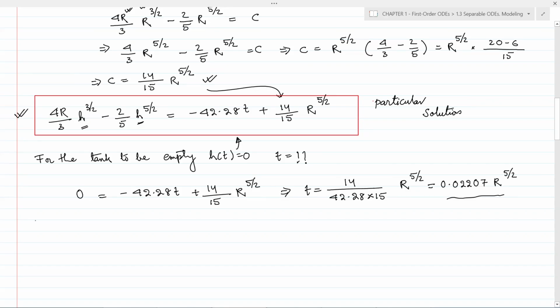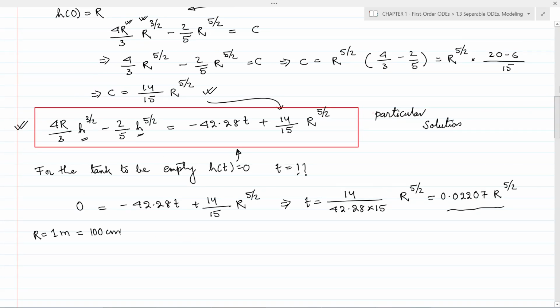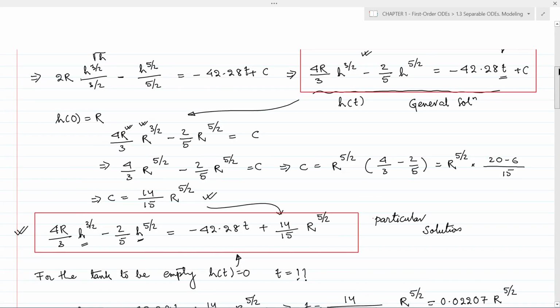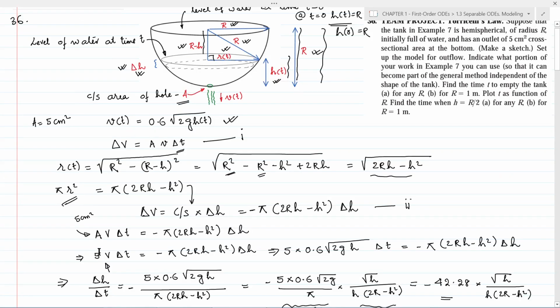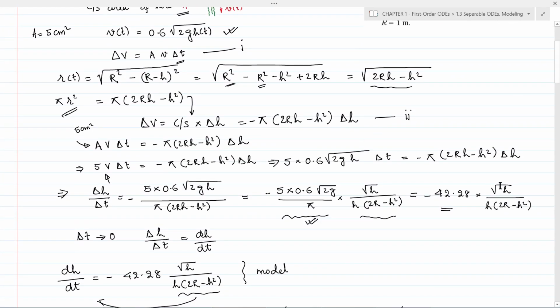Now, if r equal to 1 meter, then we can write this 1 meter as 100 centimeters, because you can remember initially we had put a equal to 5 centimeters, and we had put g equal to 980 centimeter per second square to calculate this factor 42.28.